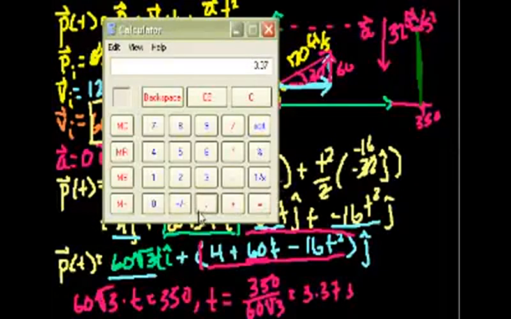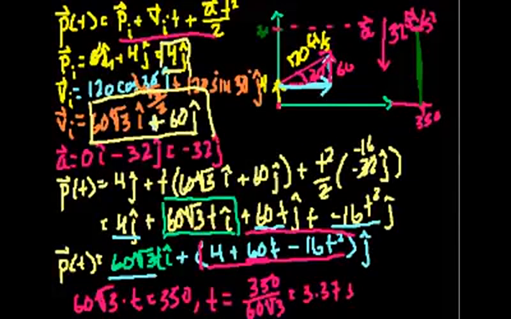This doesn't have a squared button on it, so I'm going to have to do 3.37 times 3.37, which is equal to 11.53, and then times 16 equals 181.7.